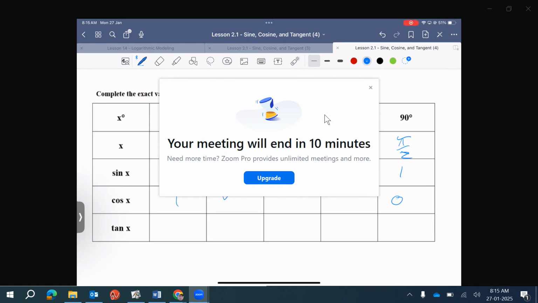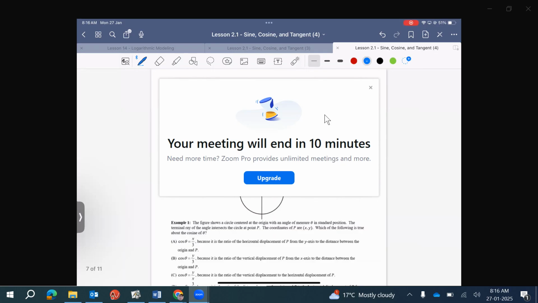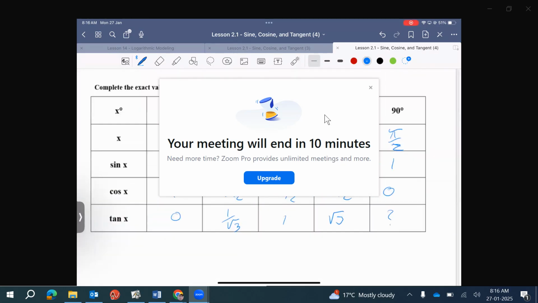Then write them backwards. Then divide each one, that one by that one, 1 over root 3. This is the exact value table. Undefined.